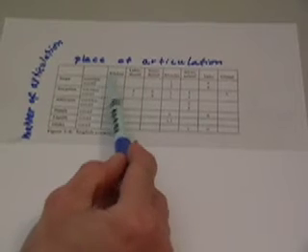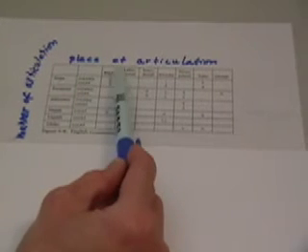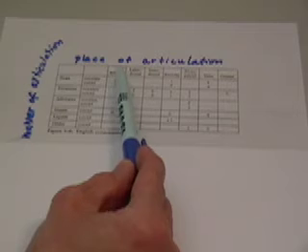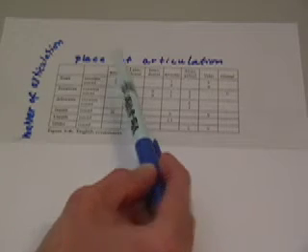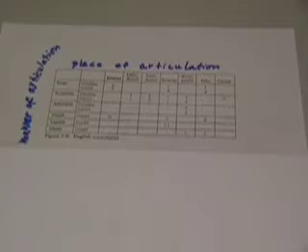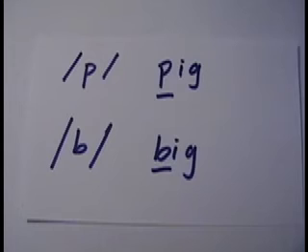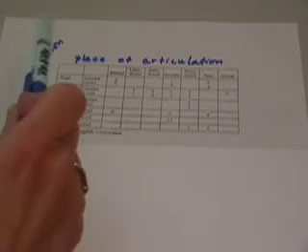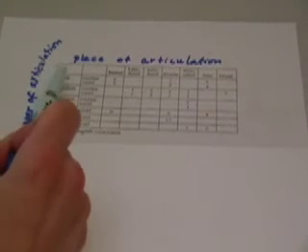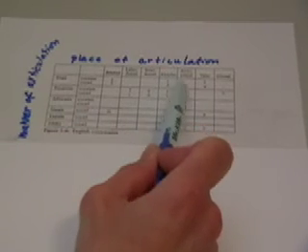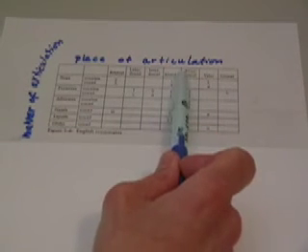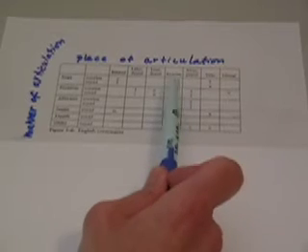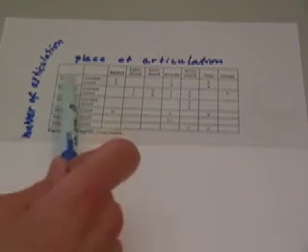Okay, so let's go through this chart looking at each sound individually, okay? So let's start with the bilabial stops. You have the p sound, which is voiceless, and you have the b sound, which is voiced, okay? So for example, the p sound would be in the word pig, and the b sound would be in the word big, right? Those are easy. Okay, and then still in terms of stops, you have your alveolar sounds, the t sound, which is voiceless, and the d sound, which is voiced.